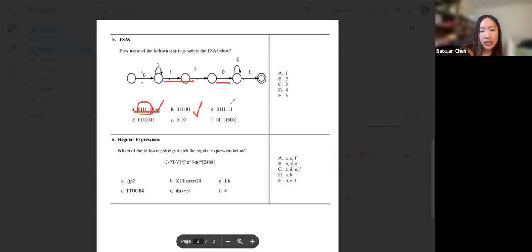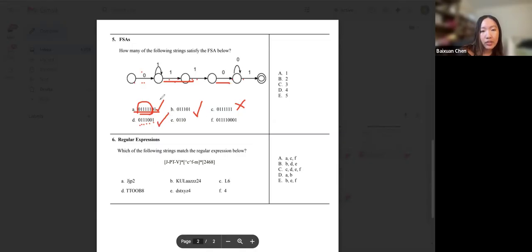And then C, we have 0, yes. And we have 1, 1. Then we don't have any zeros at all before a 1, so it does not work because it can never pass through this arrow. And then next, I have 0, 1, 1. We have 0 again, and then the 0 can go again, and then 1. So this works.